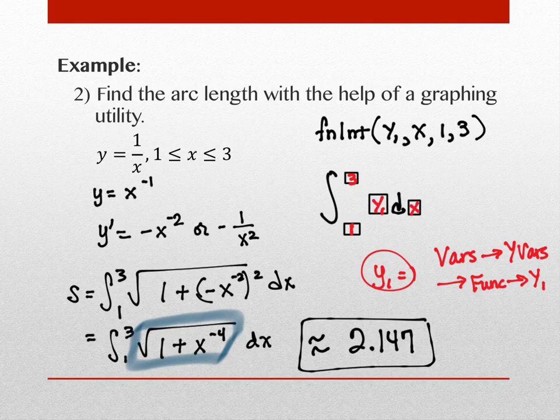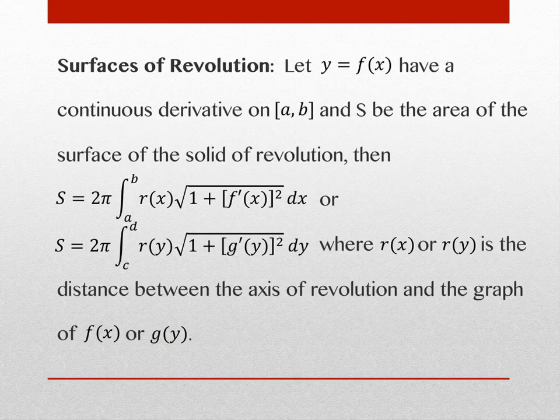Okay, did everybody's calculator give them back an expression that says 2.147 and some more? Yes. Okay, so we definitely need to be able to make use of our calculator when we have to. And you could, of course, use your calculator to verify the first one we did if you wanted to, right? Absolutely. And in fact, I think it's a good idea. All right, the other thing in this section is surface area.